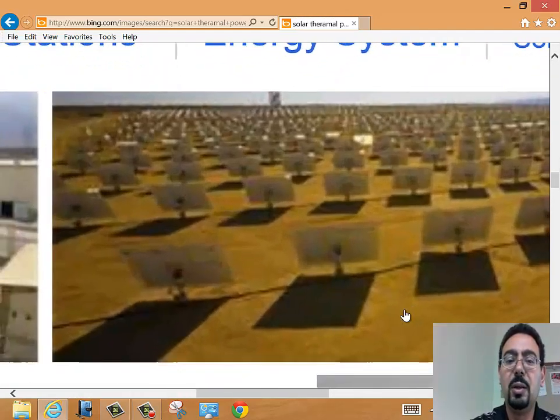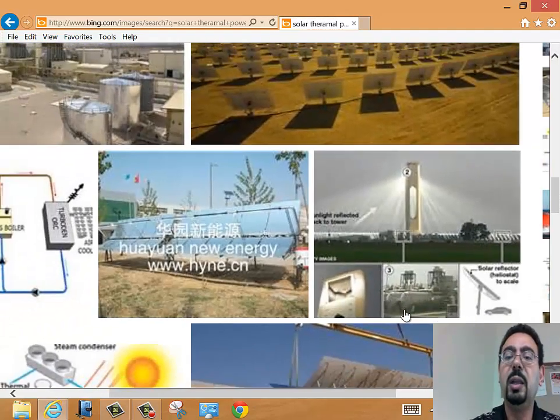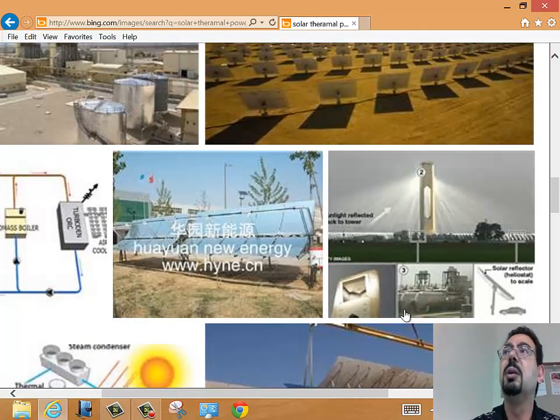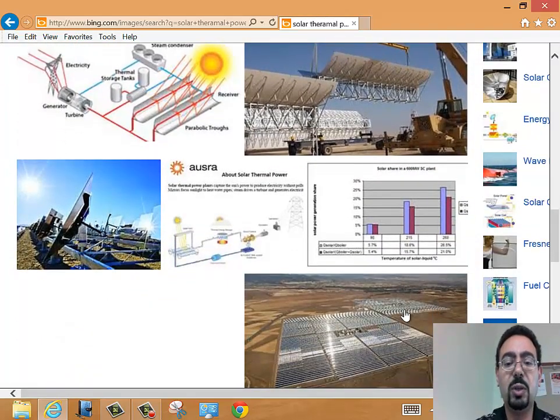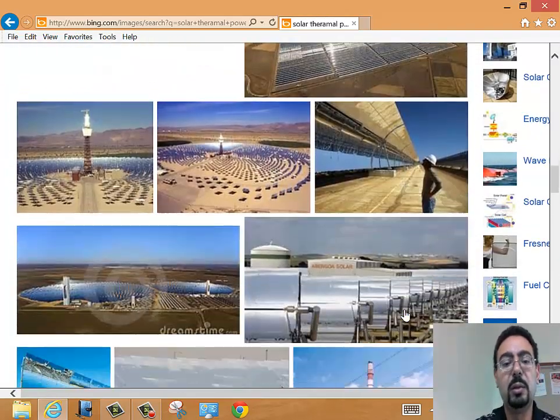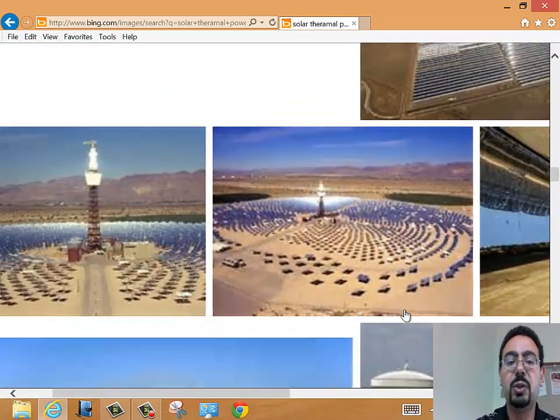All those mirrors are sending all the radiation to one single point. Of course, you put anything here and it will basically burn. But here there is actually a furnace with water pipes, and those water pipes make the water boil, and you can make steam, and then that steam can be used for turning a turbine. Here's another picture.